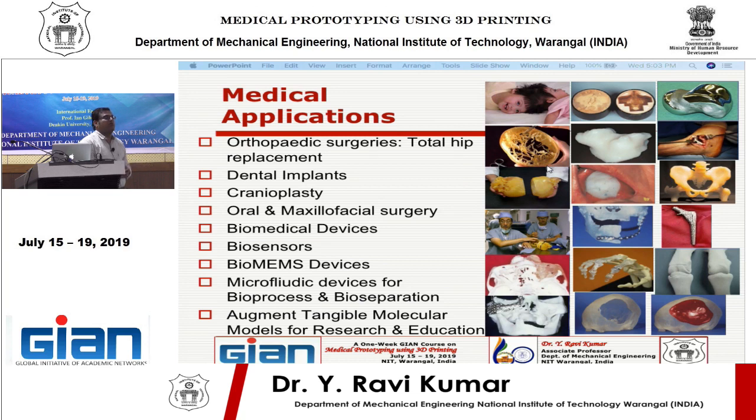So you have different applications, need not be specific to these areas. But a common area where you can use AM or 3D printing technology is orthopedic. Total hip replacements and knee replacements are being performed nowadays. You have plenty of case studies available, and you have dental implants.